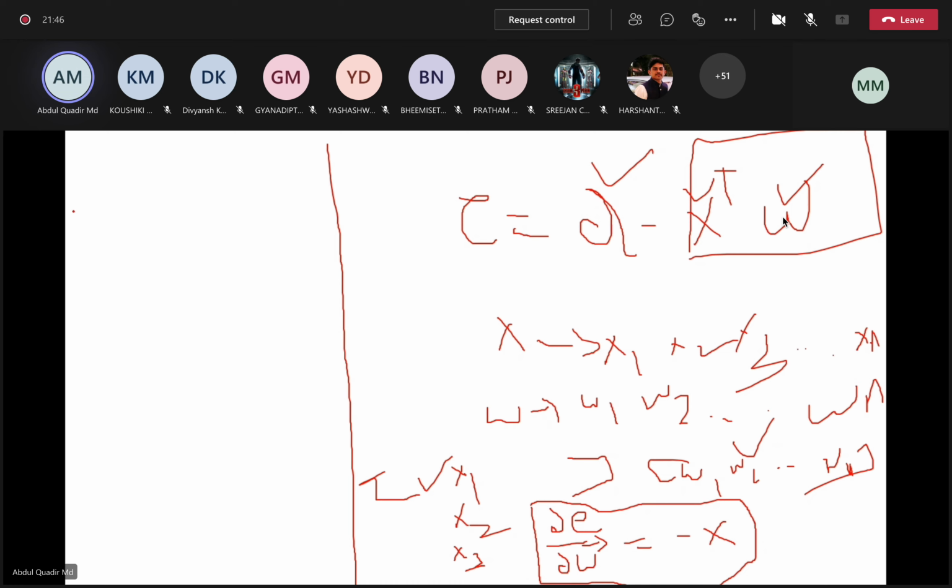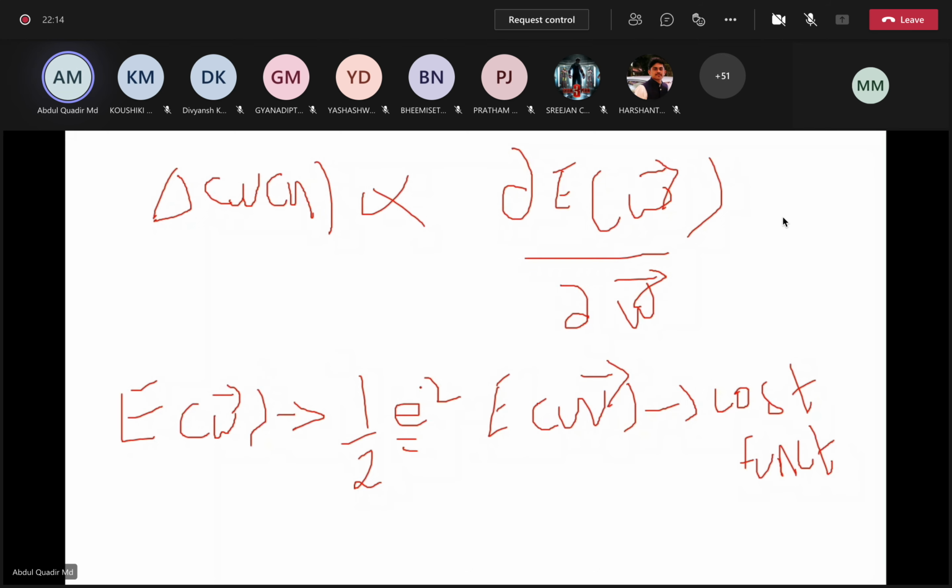Now if I take dou E of W vector by dou W vector, I get E into dou E by dou W. Can you see?